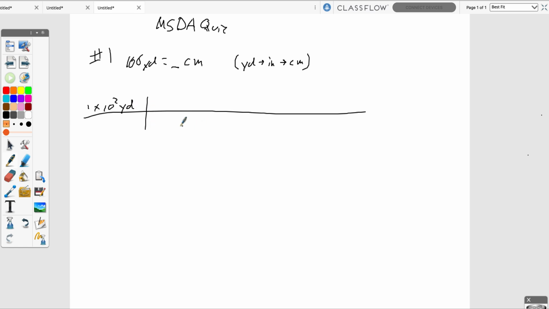Then we want to get rid of yards down here, right? So we're going to do 1 yard equals, they told us, 36 inches. But we're going to go 3.6 times 10, and we made 36 smaller, so this has to get bigger. And this is what, inches, right?